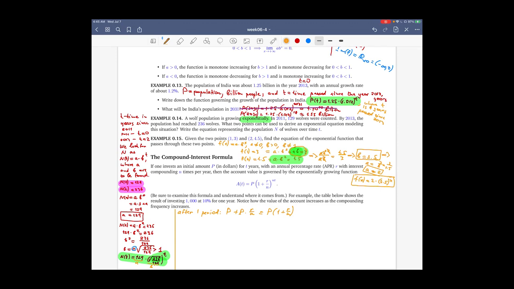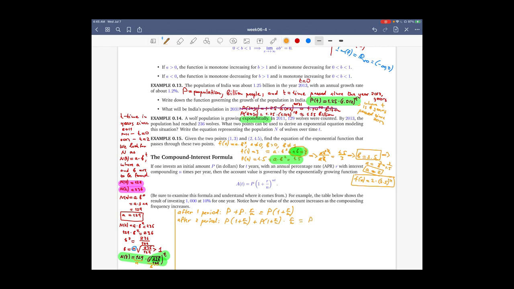After the second period, within the first year, we're going to have what we had before, P times 1 plus R over N, plus P times 1 plus R over N times R over N, our interest that we earned.